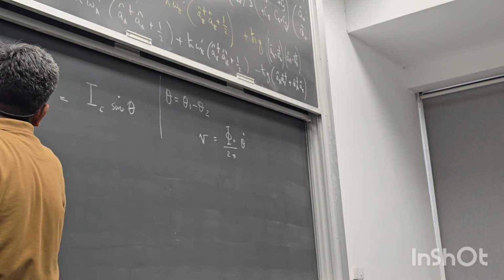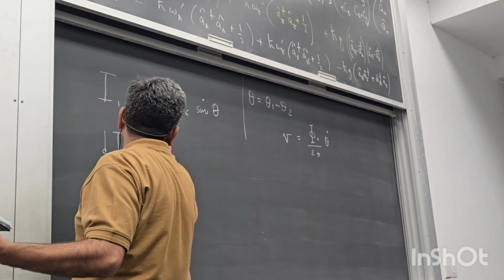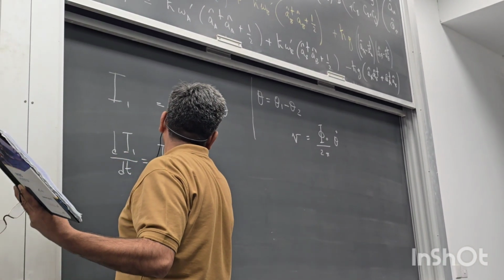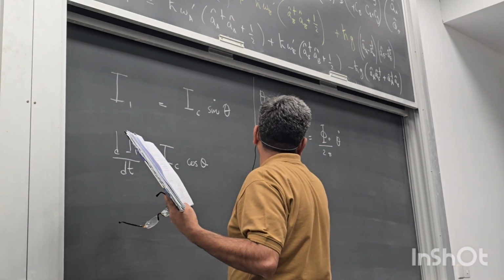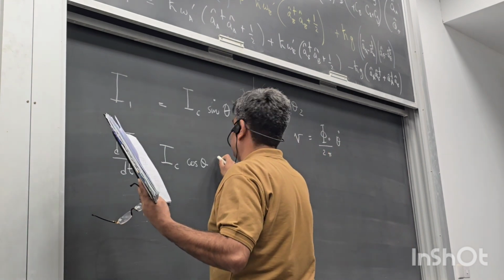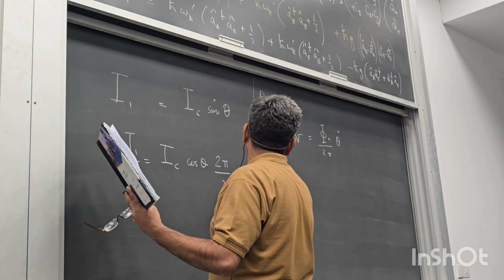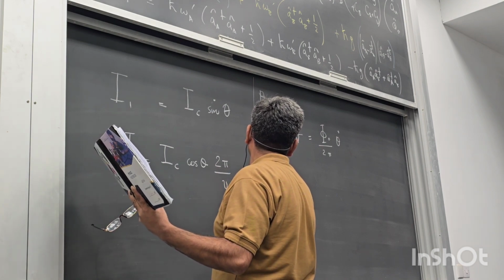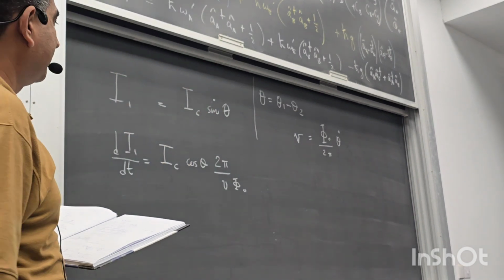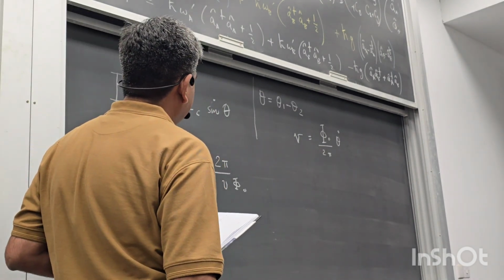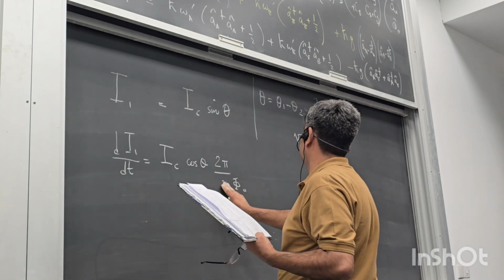Now, if I differentiate I1 with respect to time, I will get Ic cosine theta times d theta by dt, which is now 2 pi over phi naught. Sorry. 2 pi.